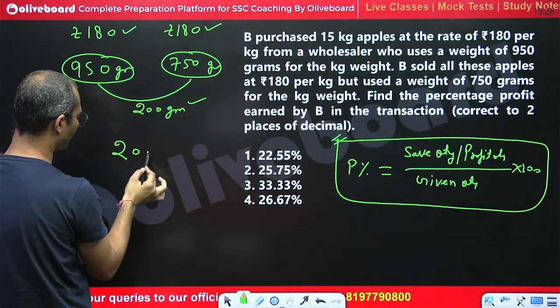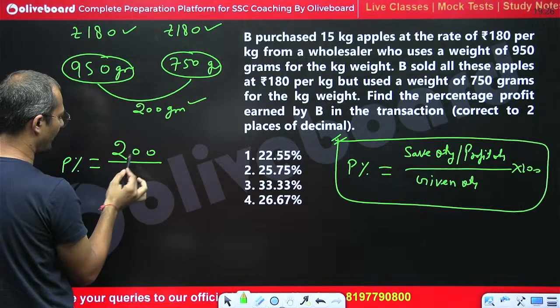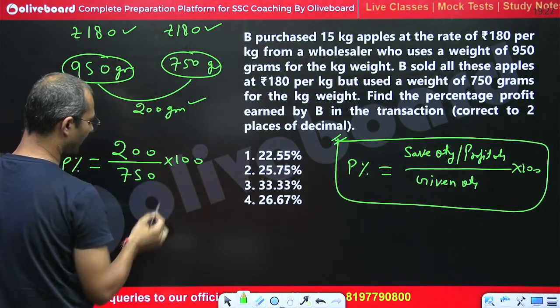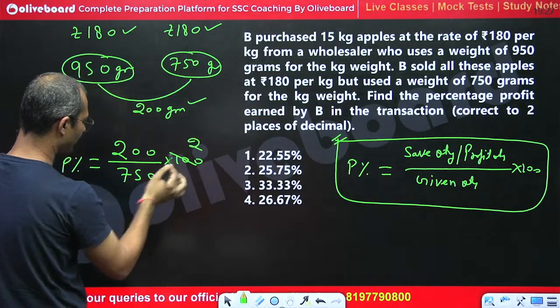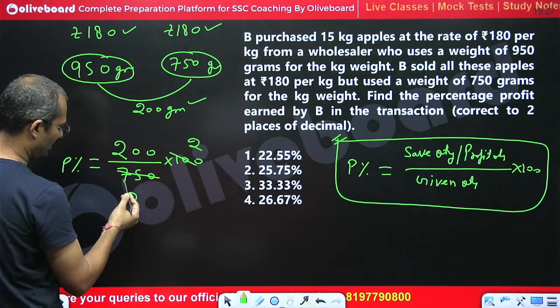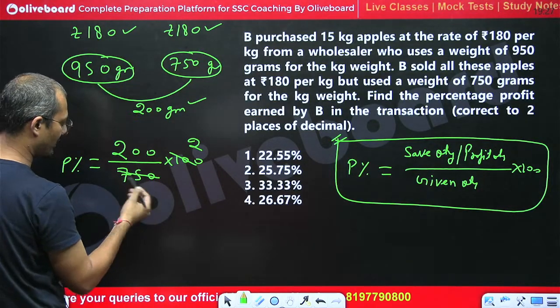So we can say the profit percent would be equal to 200 divided by 750 into 100, right?